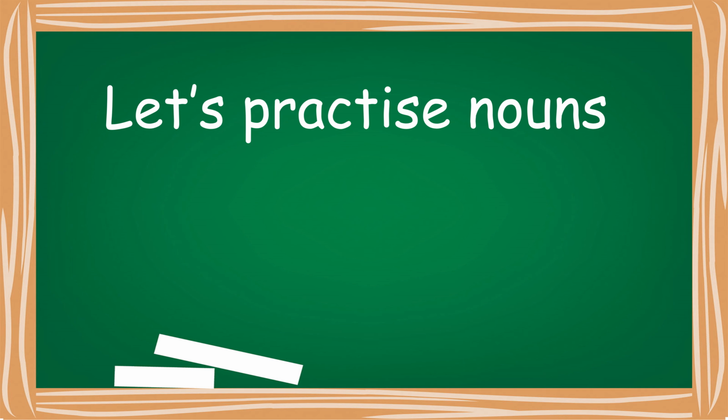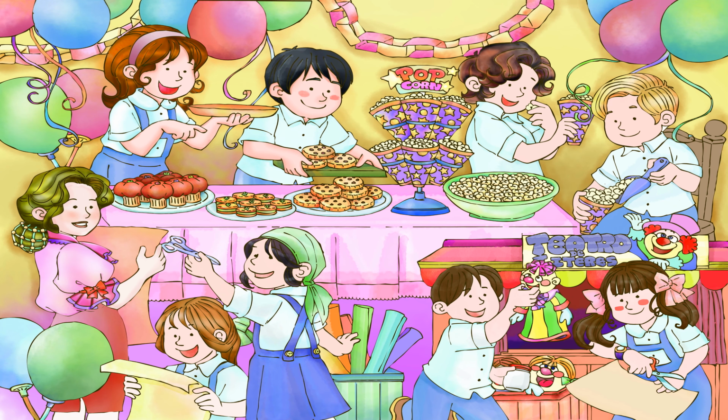Now let's practice nouns with few examples. In this picture, name some things or place or a person which you see. What are all there? There are cakes.